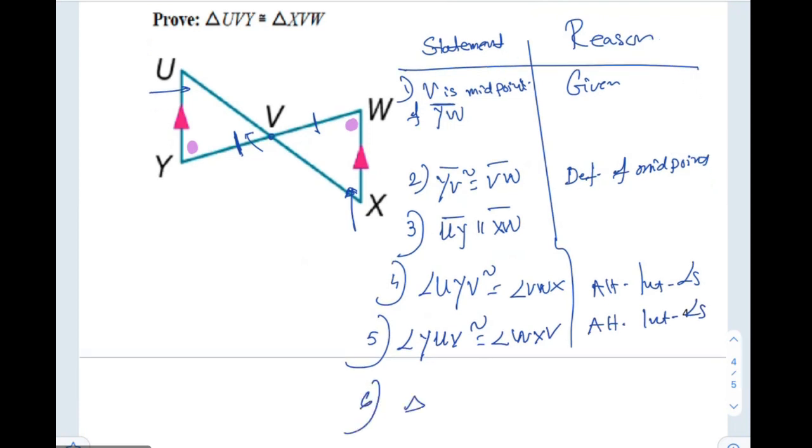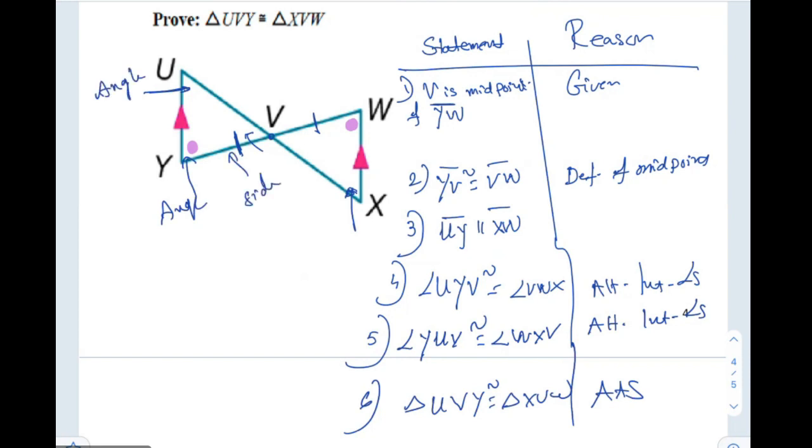Then triangle UVY is congruent to triangle XVW by angle, side, because we have here angle, then angle, this side. As I told you, you can also use the vertical angle, so it turns to angle, side, angle.